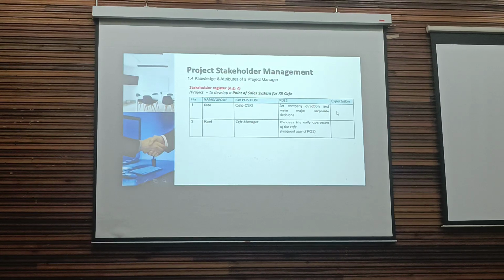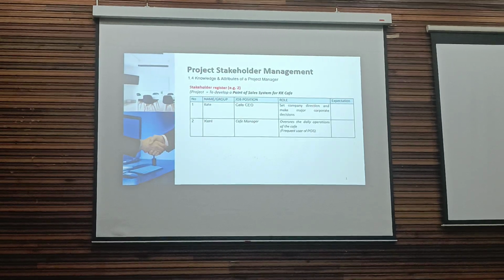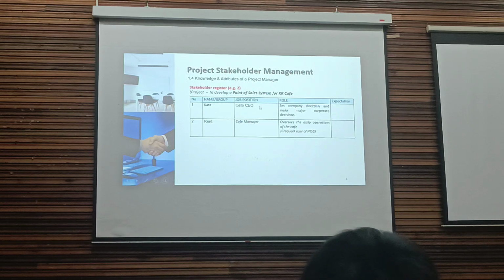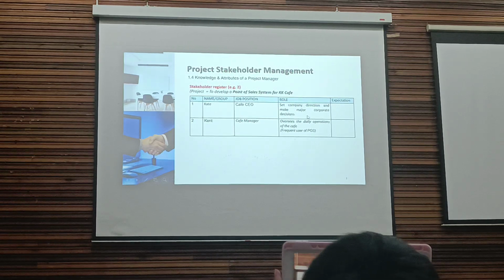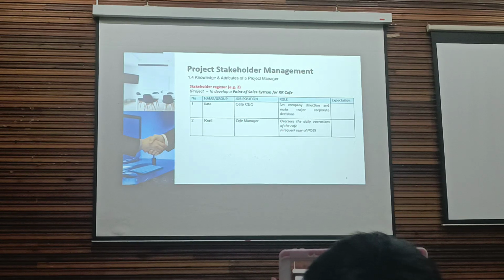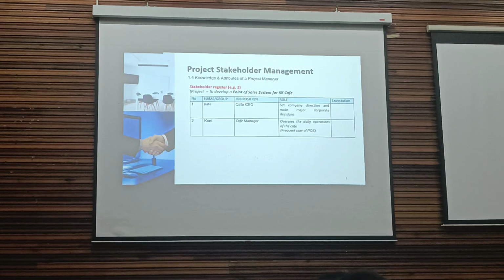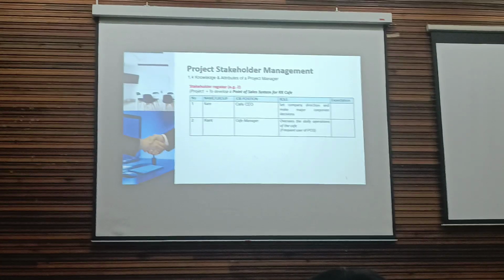What do you think Kate's expectation is? Kate is asking you to develop this system for a cafe. She's a CEO. This is her role, setting company direction and making major corporate decisions. Expectation? Same, to complete this system on time, within budget, and meeting quality requirements.